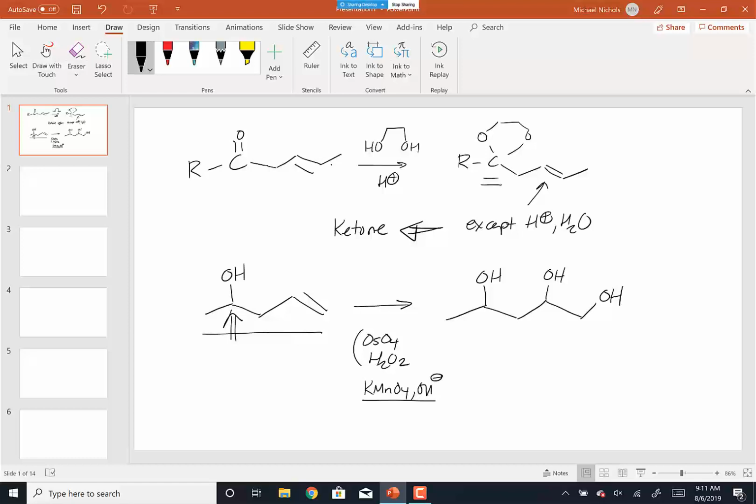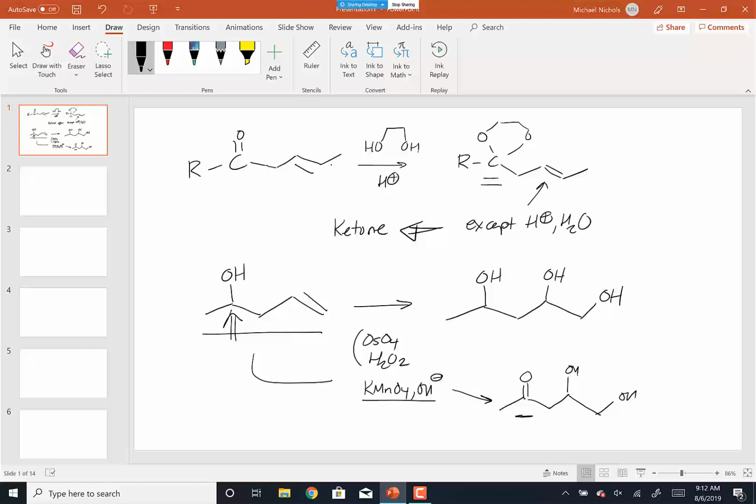Like the KMnO4 will oxidize the alcohol to a ketone. So the KMnO4, or even the osmium tetroxide, and it's not so much the osmium tetroxide as the H2O2, is going to oxidize that secondary alcohol to a ketone. So if I tried to use these reagents, I'll end up with the two OHs here, but I'll also end up with a ketone that I didn't want. I didn't want to oxidize that original OH.